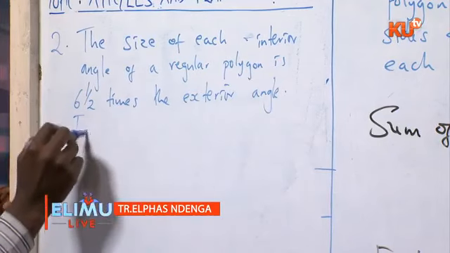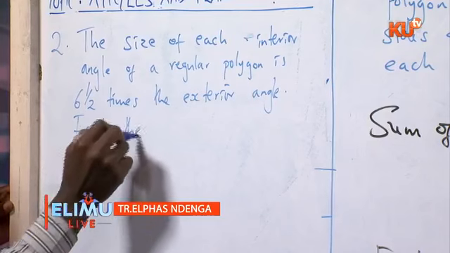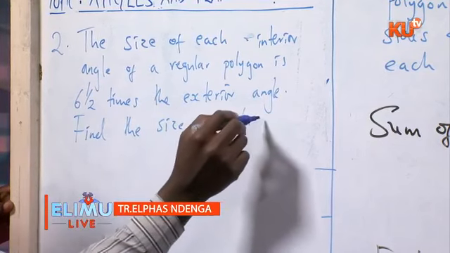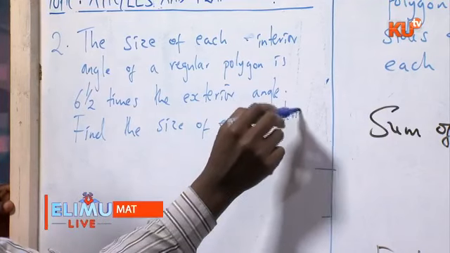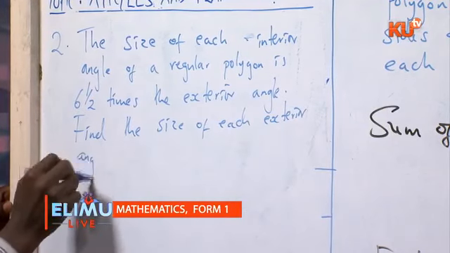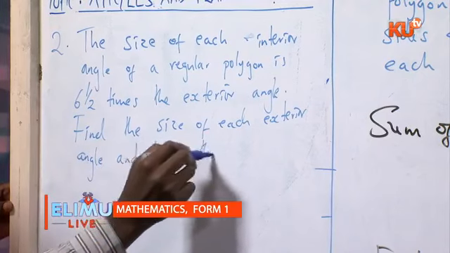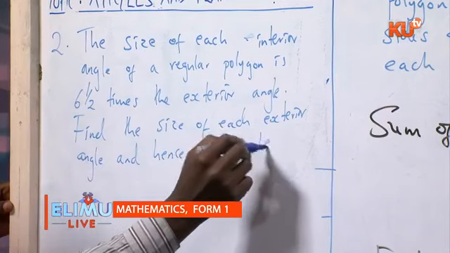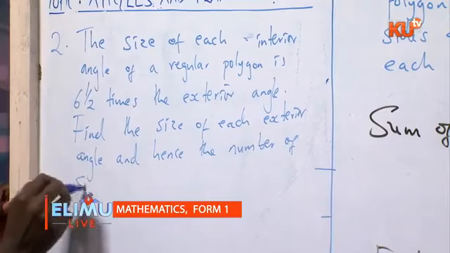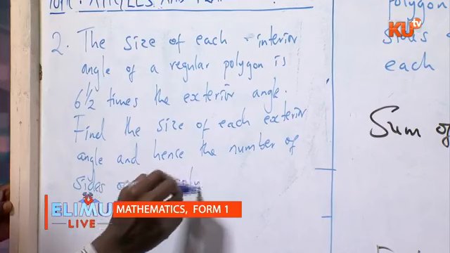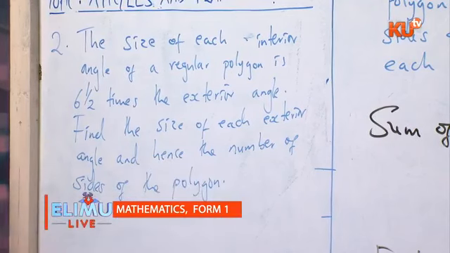And the question is, find the size of each exterior angle, and hence the number of sides of the polygon.